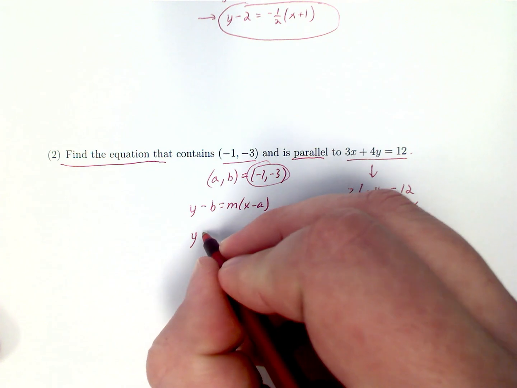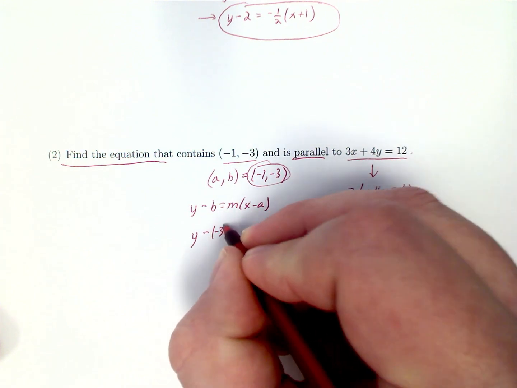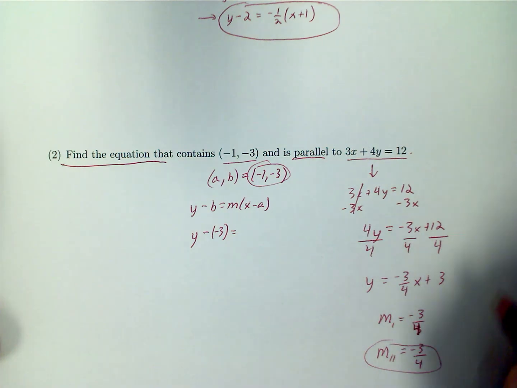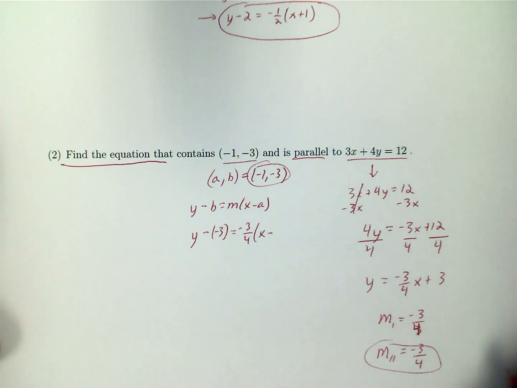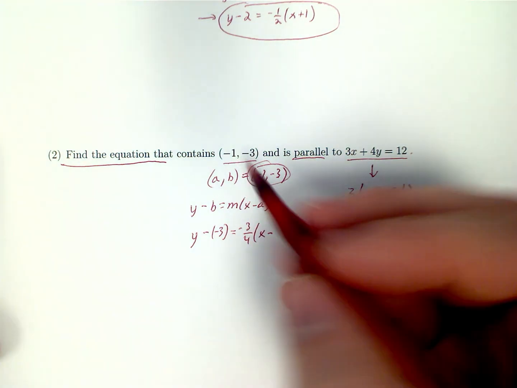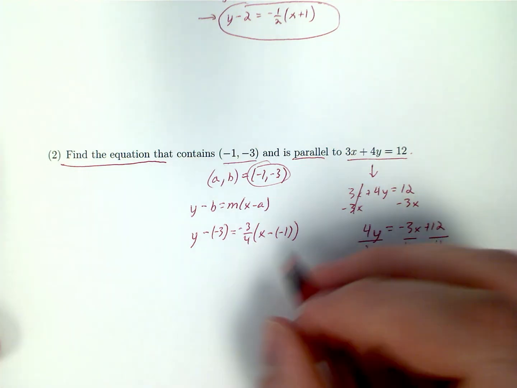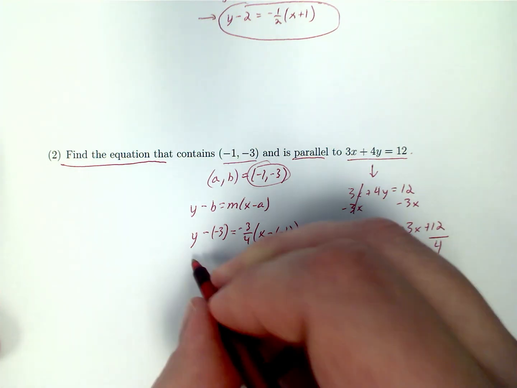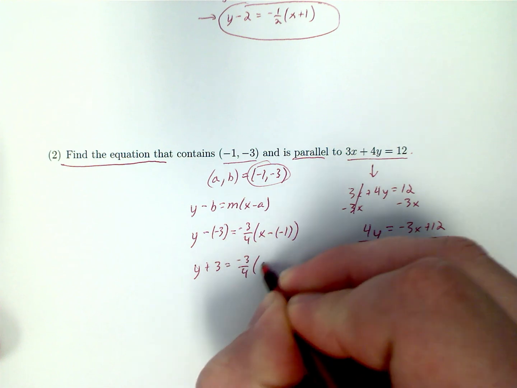So y minus, again, the b coordinate is negative, so let's put parentheses there, equals m, which is negative 3/4, times x minus a, which is negative 1, so we put in parentheses there. And then we have a double negative here and here, so y plus 3 equals negative 3/4 times x plus 1.